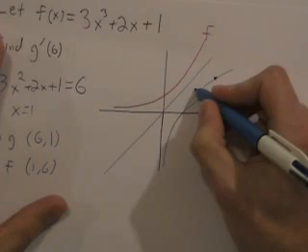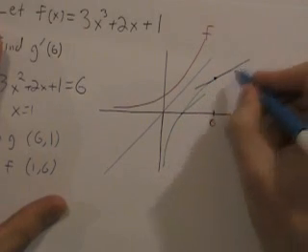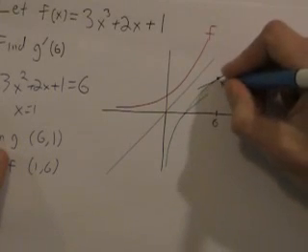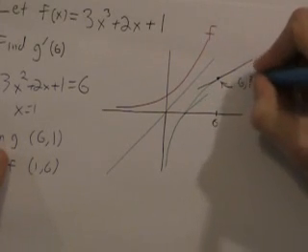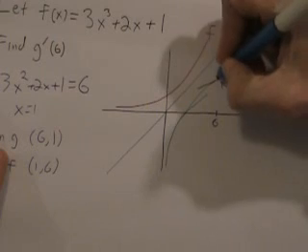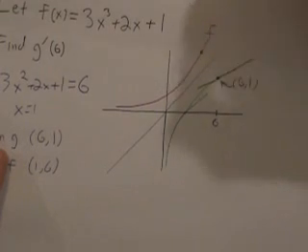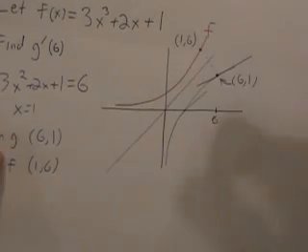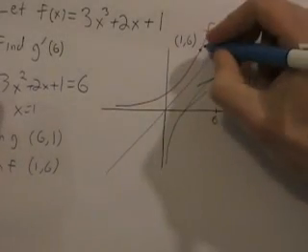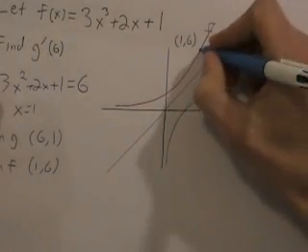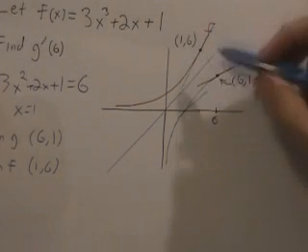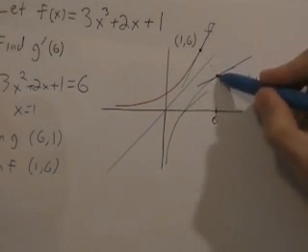Here's 6. I'm just going to use a geometric argument here. g prime of 6 is this slope. We already found that this point here would be (6, 1), which corresponds to the other point on f, which would have to be (1, 6). Now, just from looking at this, what do you think the relationship is between the derivative of f at 1 and the derivative of g at 6?